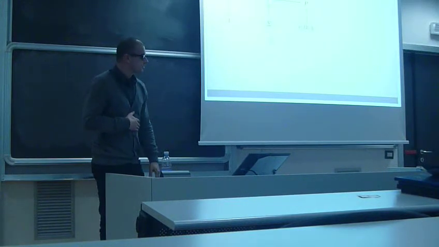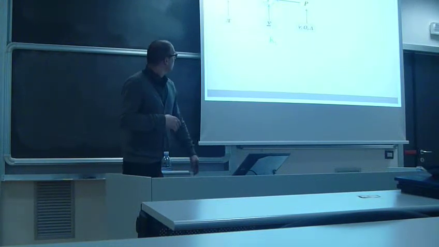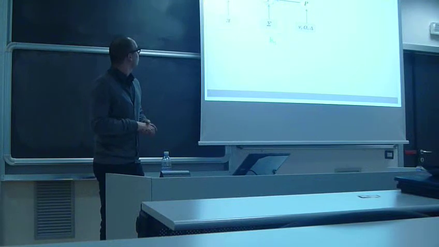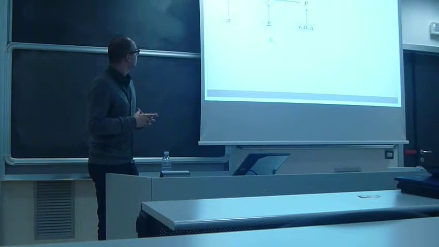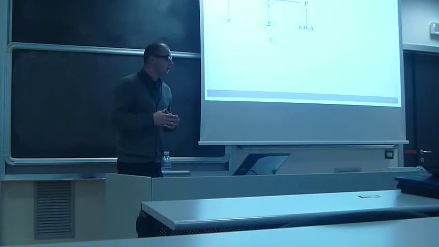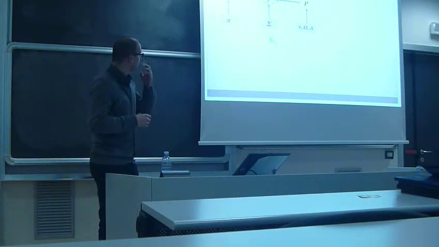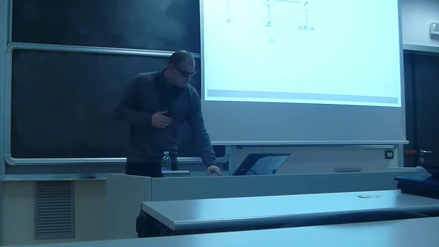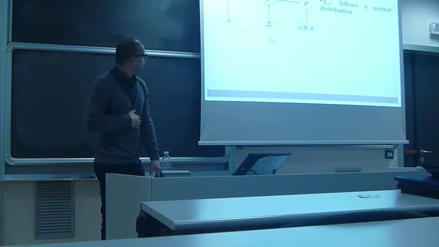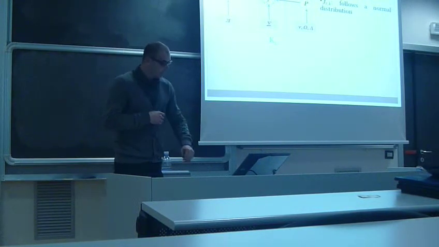So we propose this probabilistic graphical model where we denote with F the set of our observations. We need to estimate the observation-to-object assignment and the source positions. We assume that this set of observations is changing over time, and each observation follows a normal distribution.